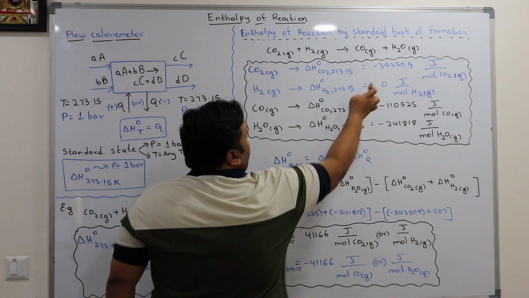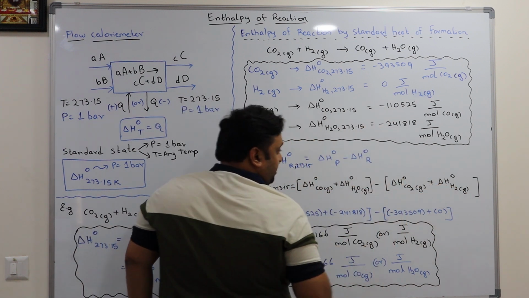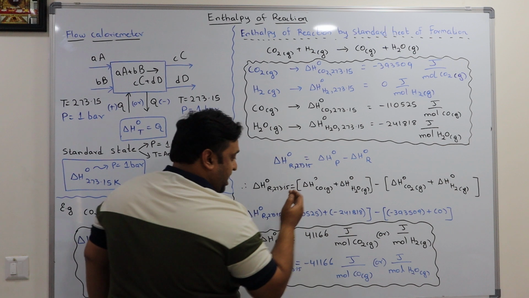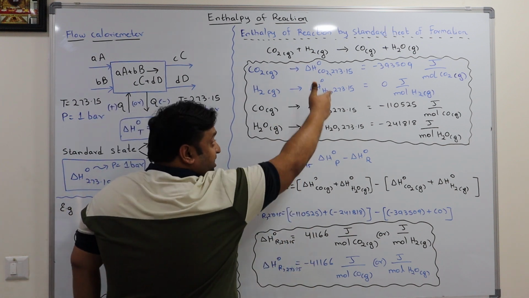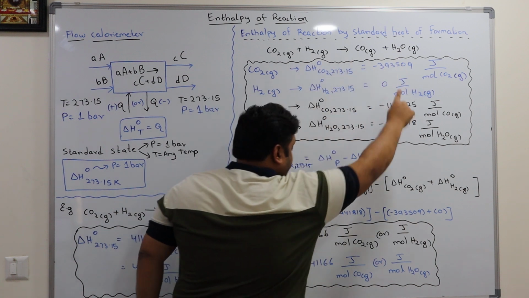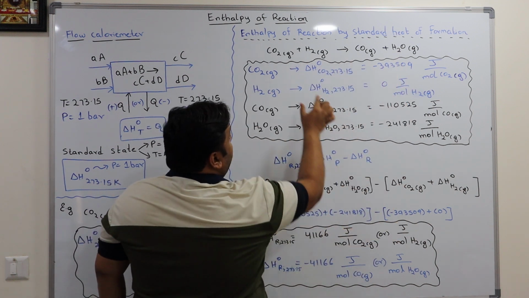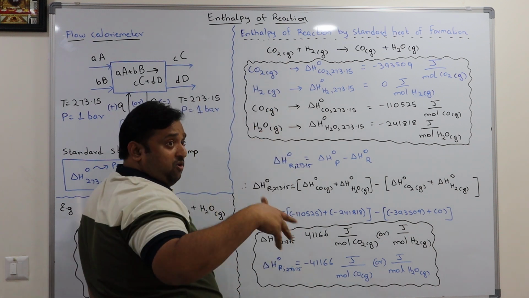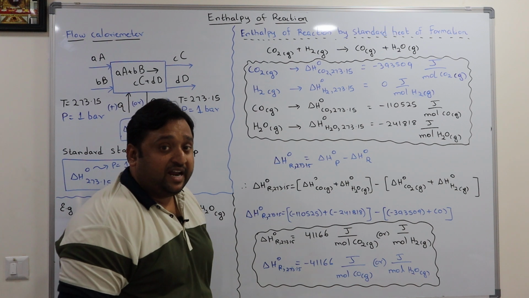I substitute all these respective values in this formula, and by doing so I find that from the heat of formation data, the enthalpy of this reaction is 41166 joule per mole of CO2 reacted, or joule per mole of hydrogen that is reacted.